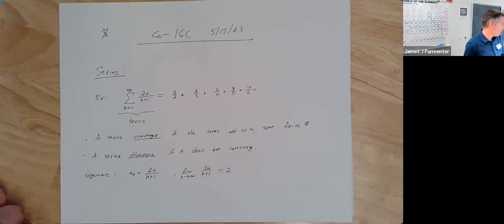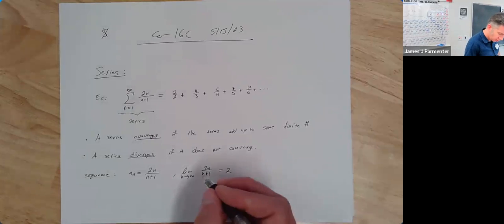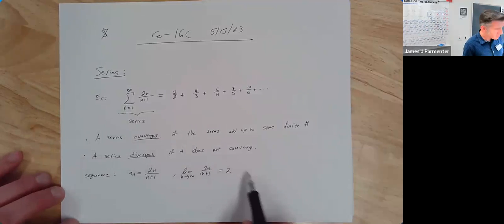We know it's 2 because of the trick where the top and the bottom have the same degree, the same highest power of the variable n. So the limit is just the quotient of the leading coefficients, 2 over 1. Just like the limit as x goes to infinity of 2x squared plus 5 over 3x squared plus 7 is 2/3. But here's what's happening.